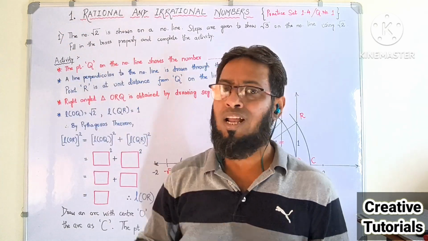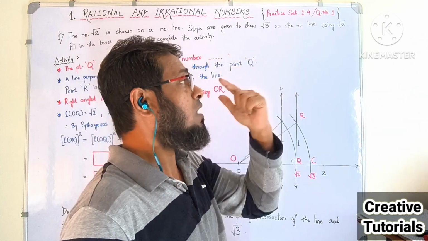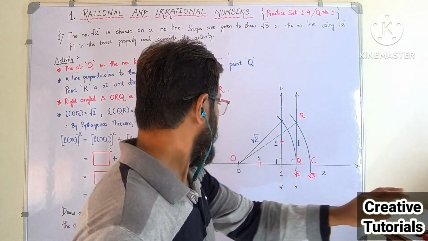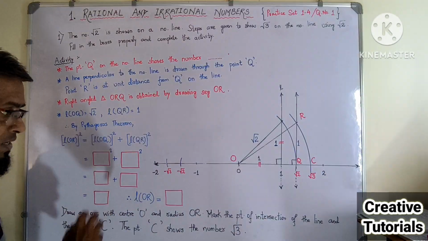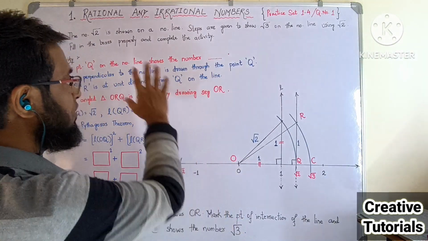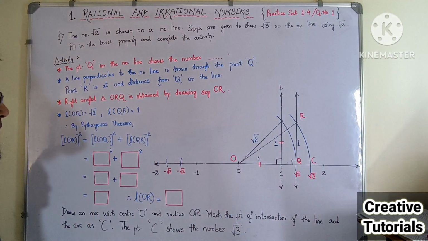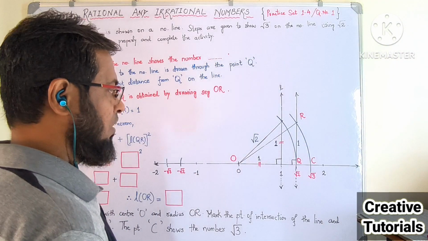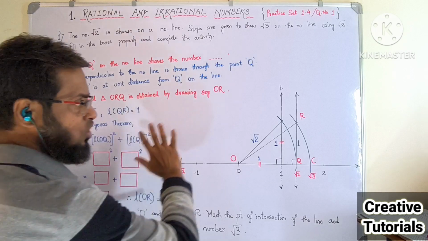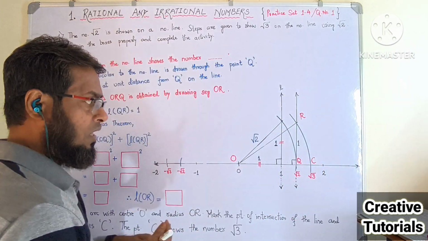We are on question number 1 of our practice set 1.4, which is in the form of an activity. Dear children, I have written everything on the board in advance for you, and I have just kept the boxes empty wherever you have to fill in.